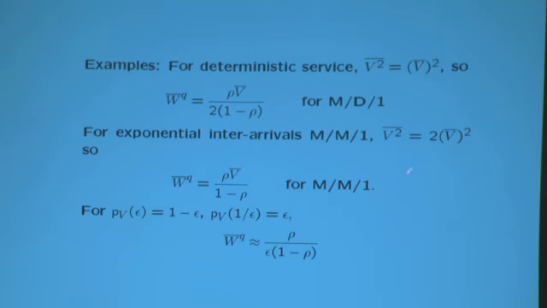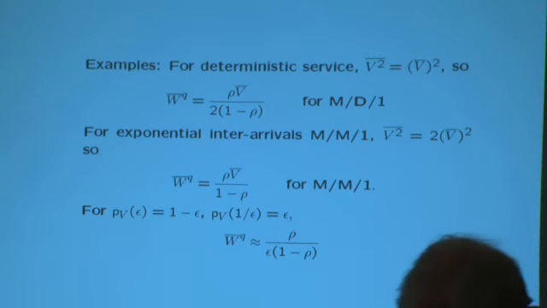If you look at some examples of this before we try to derive it, take the expected waiting time in queue for an MD1 system, namely Poisson arrivals, deterministic service time. When you have deterministic service time, the second moment of the service time is just the first moment squared. Every arrival takes exactly the same amount of time to be served, so V bar is that service time, and V bar squared is the second moment of the service time. So we just get the formula we had before.